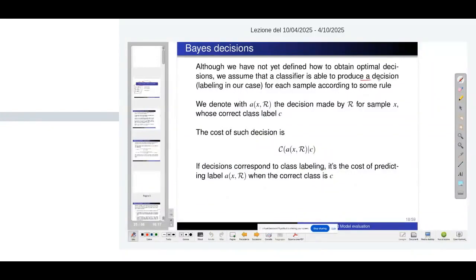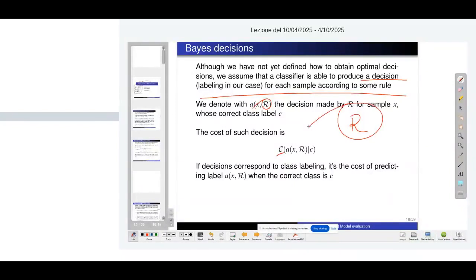Now, let's imagine we have a classifier, the classifier that we want to evaluate. The classifier R, we use R for recognizer because we will use C for cost, otherwise there will be too many C's. If we have C for cost, C for classifier, there will be C for class, there will be too many C's. So here we use R for the classifier. How do we remember?